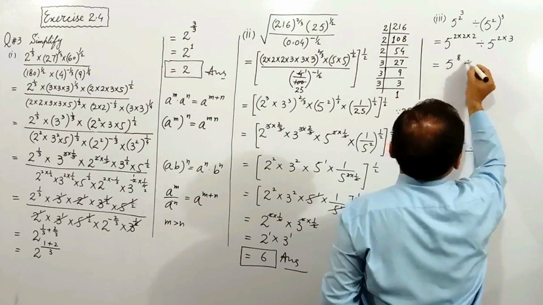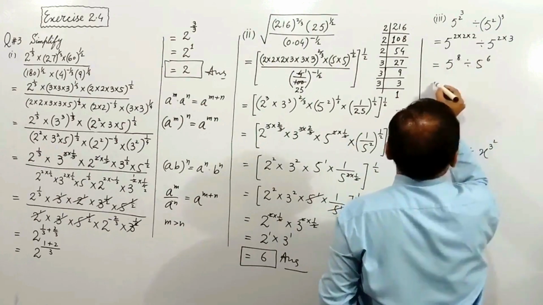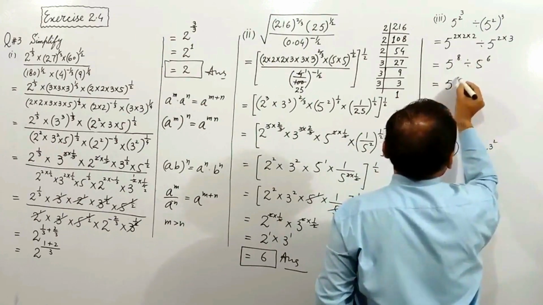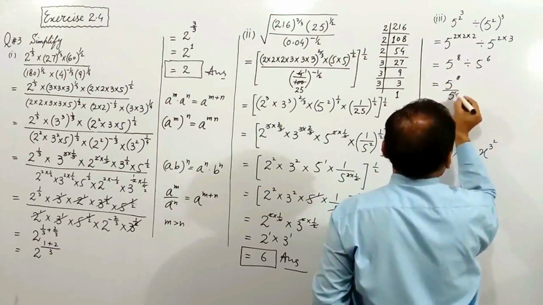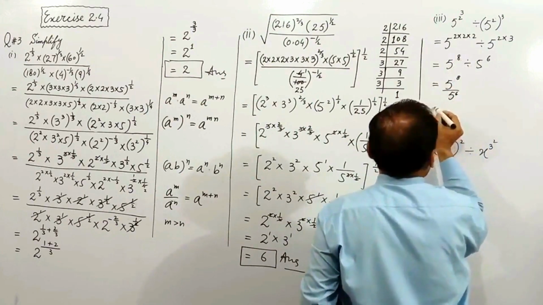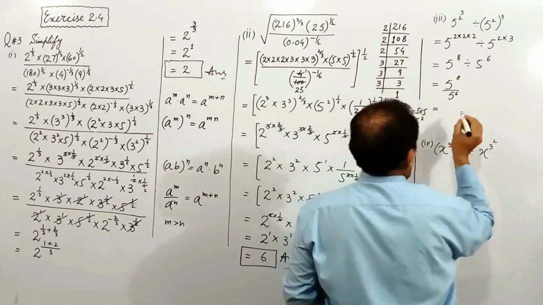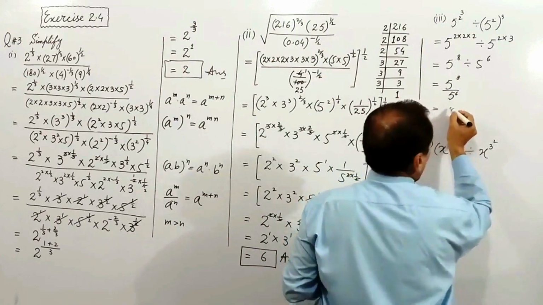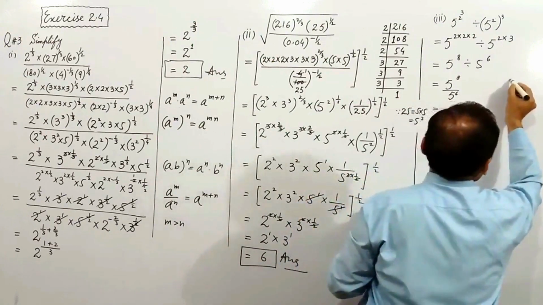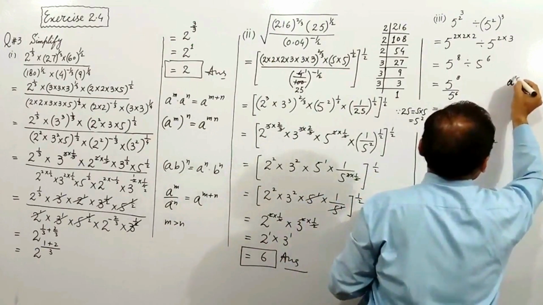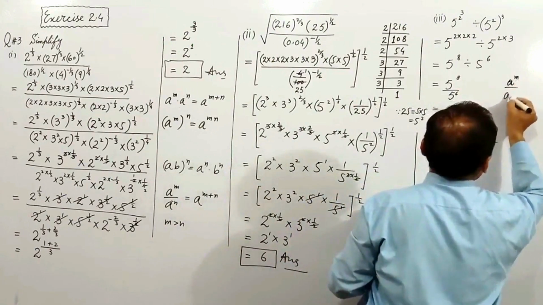5 raised to power 8 divided by 5 raised to power 6. We write in the fraction form. Applying law of quotient of power with same base, which is a raised to power m over a raised to power n.